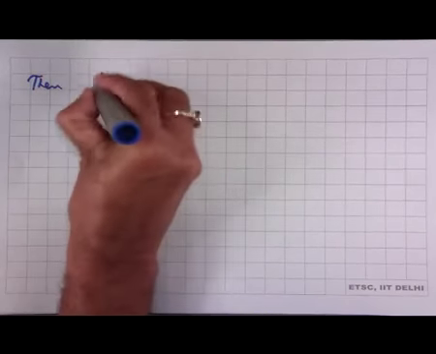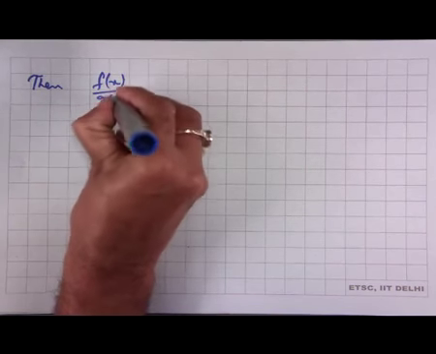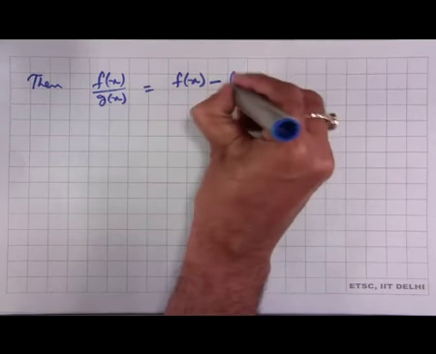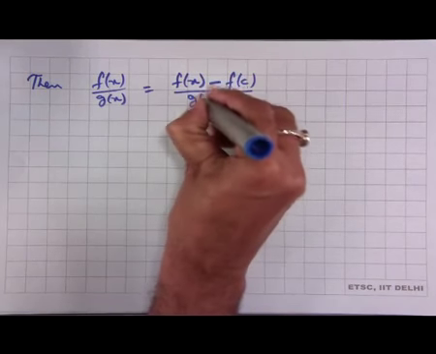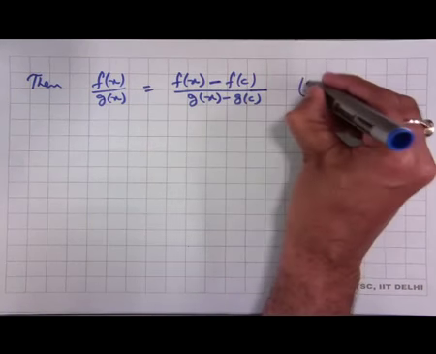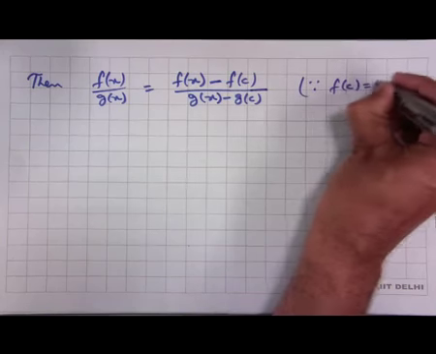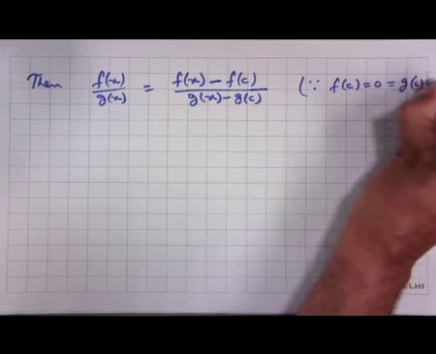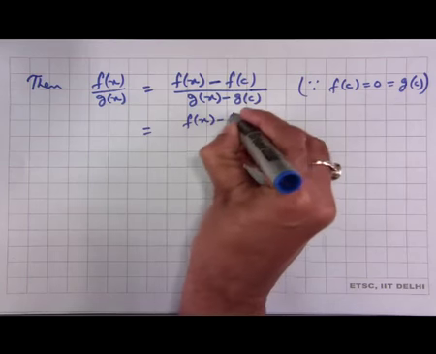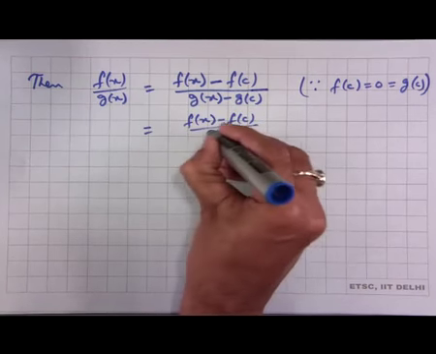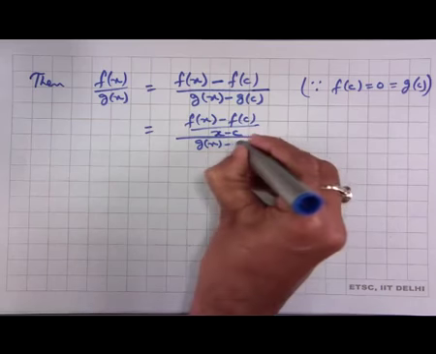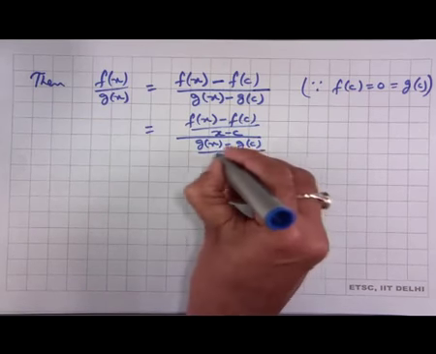Then we can write f x by g x as f x minus f of c divided by g x minus g of c, since f of c is 0 and g of c is 0, and this we can write as f x minus f of c divided by x minus c over g x minus g of c over x minus c.